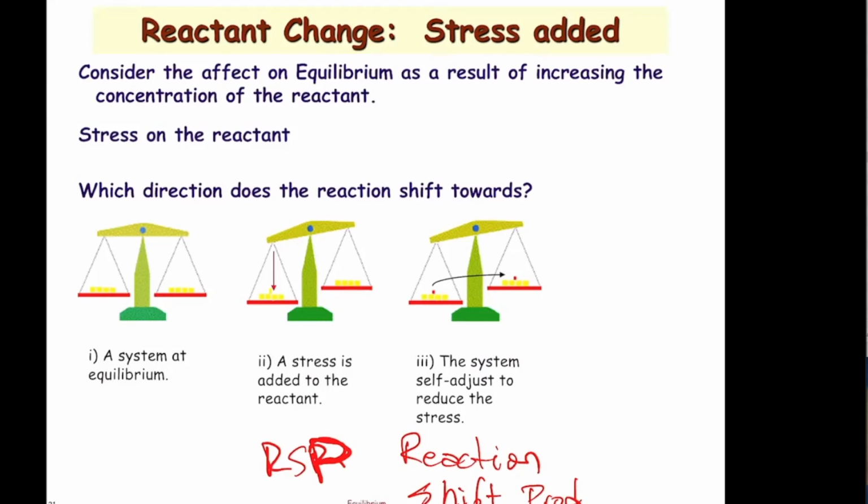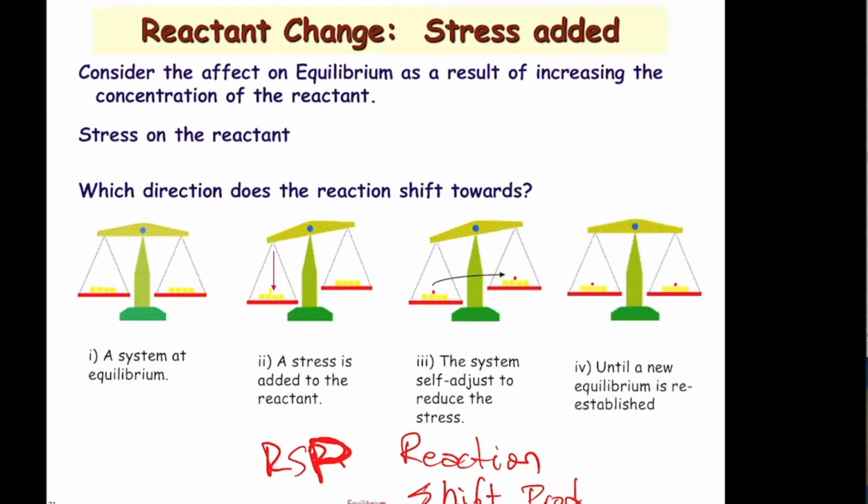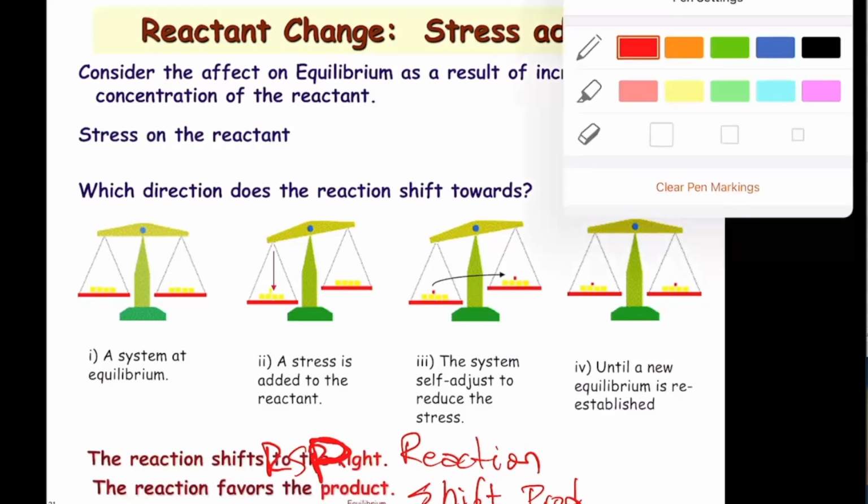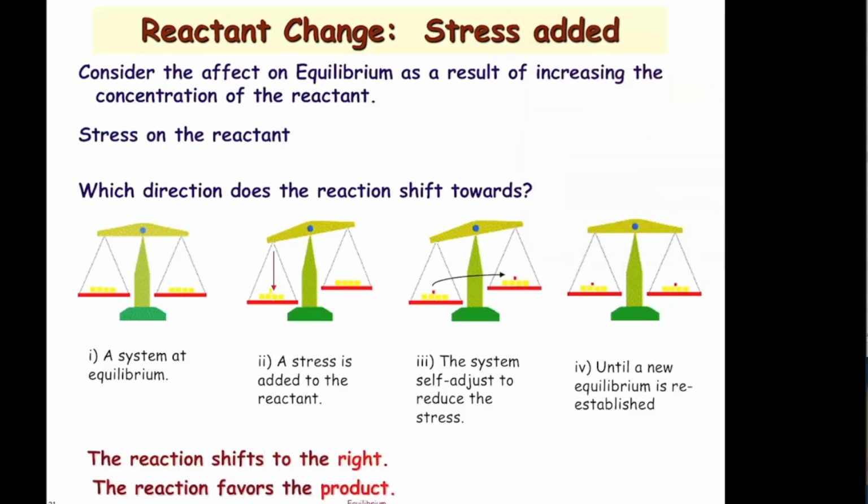Why? Because you put an excess on the reactant. It's got to get rid of that. The only way it's going to get rid of that is to make more products, until you get a new equilibrium. So whenever you add a stress, it's got to remove that stress and put it on the other side. So you're able to predict, or manipulate, the reaction to favor one side or the other depending on the stress that you apply.